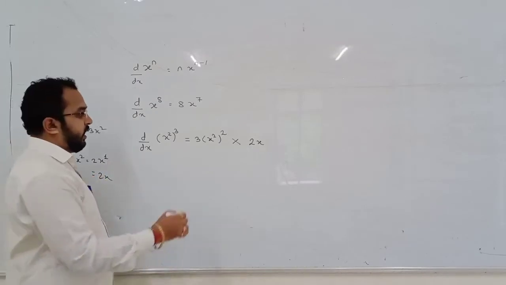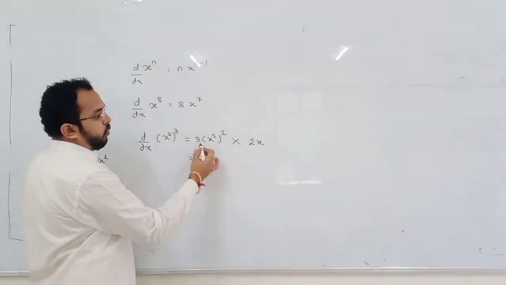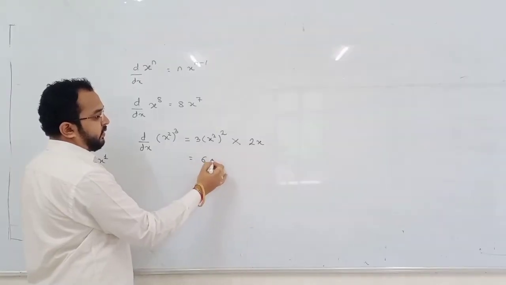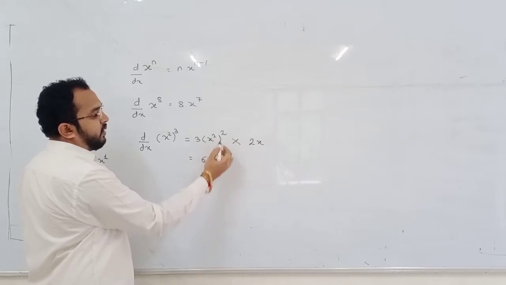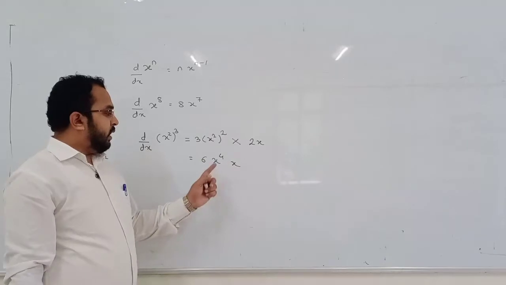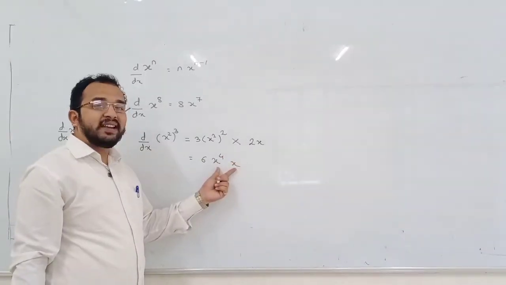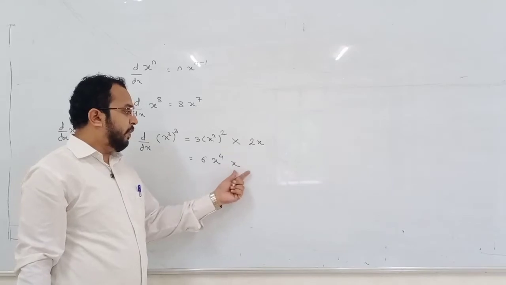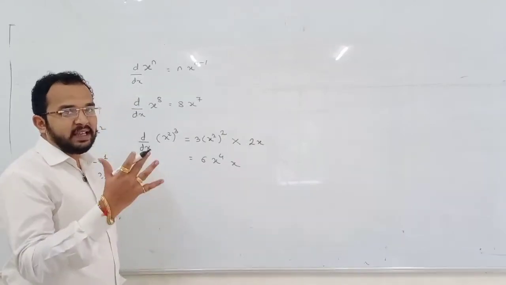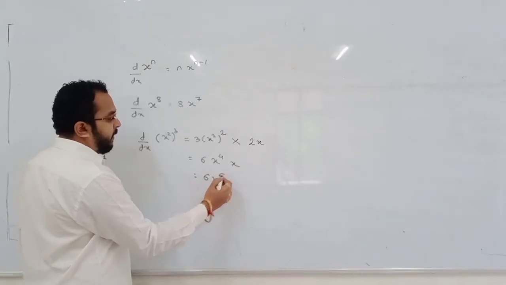Now see here what will be the answer? 3 into 2, 6. x to the power 2, and this one single x. Now x to the power 4 and x to the power 1. How many x are there? 4 plus 1, total 5. So we can write it as 6x to the power 5.